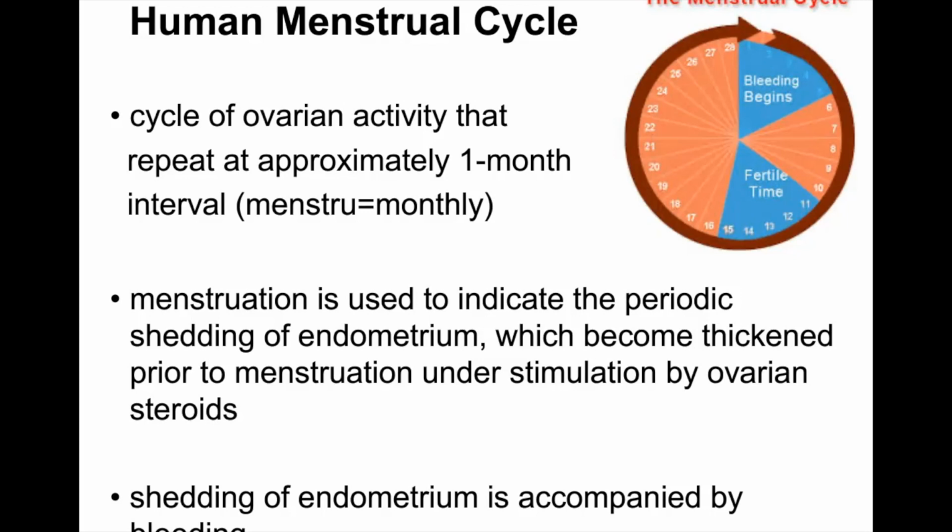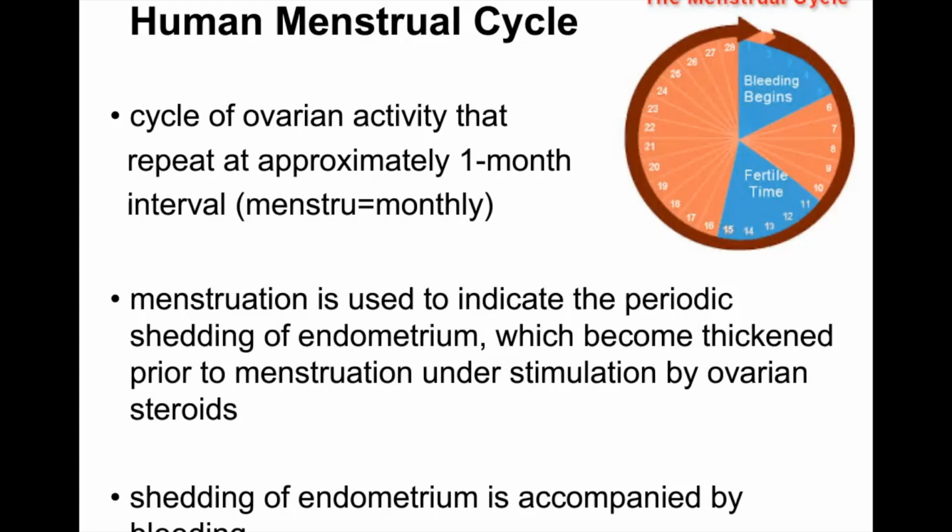In primates, typically the cycle does occur monthly, and menstru literally means month in Latin. Menstruation is used to indicate the periodic shedding of the endometrium, which becomes thickened prior to menstruation under stimulation by ovarian steroid hormones.